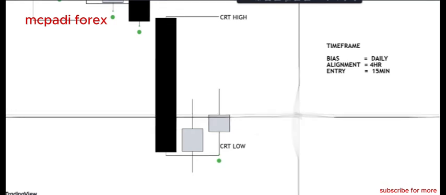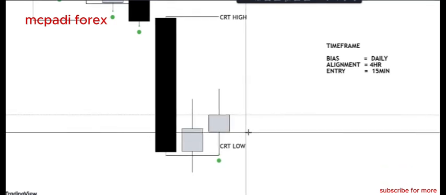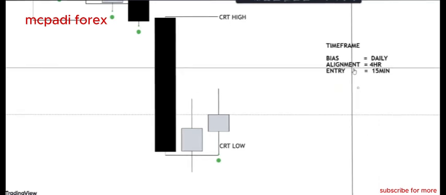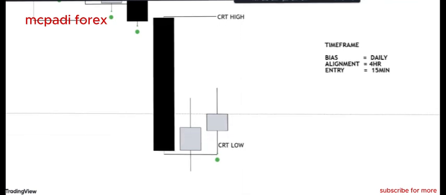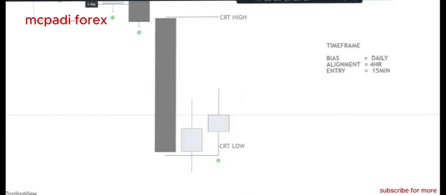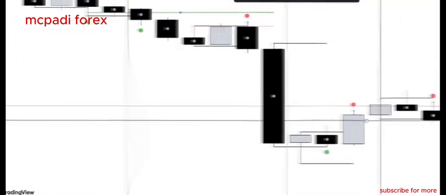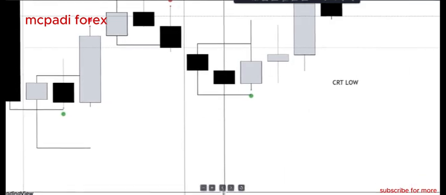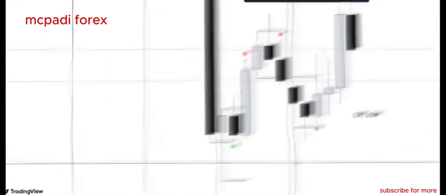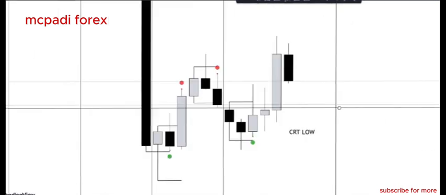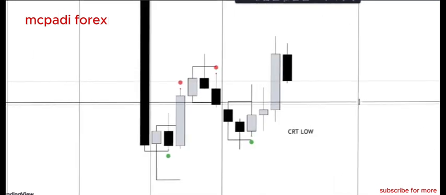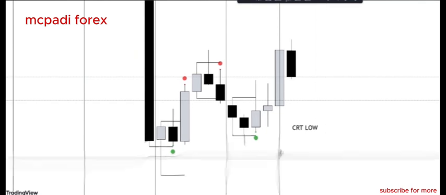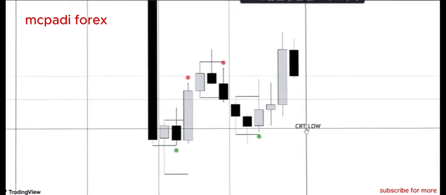Now I'll not just wake up on Friday and just buy. I have to make sure that my 4 hour is also aligning to my direction. So next I just have to go to my 4 hour time frame. Now on the 4 hour time frame, I have to make sure that I am having a bullish alignment with the daily time frame, because on the daily time frame I'm actually looking for buys per the signal.